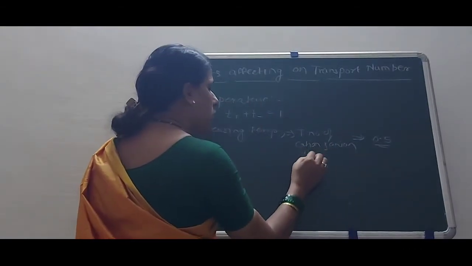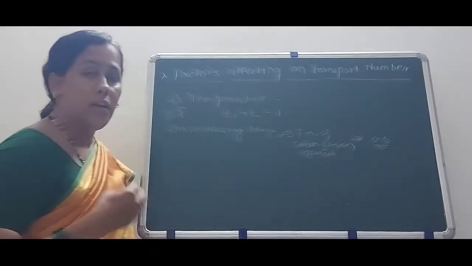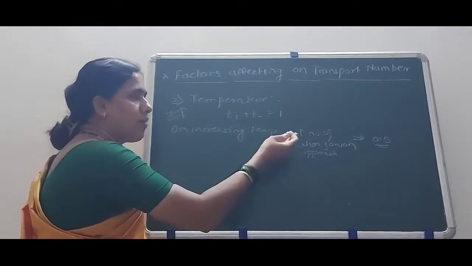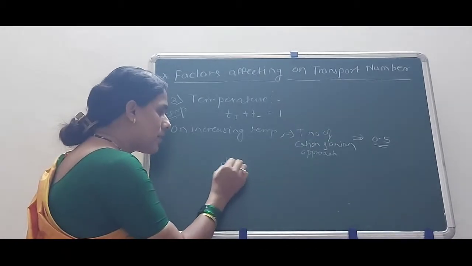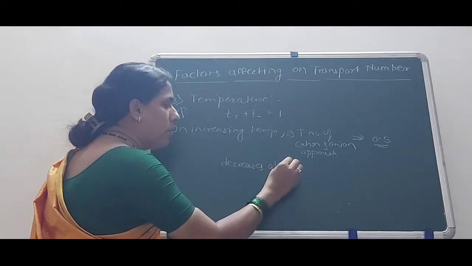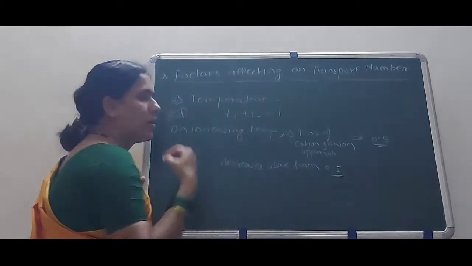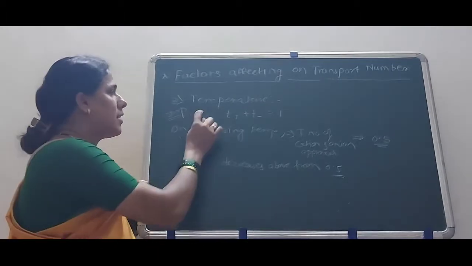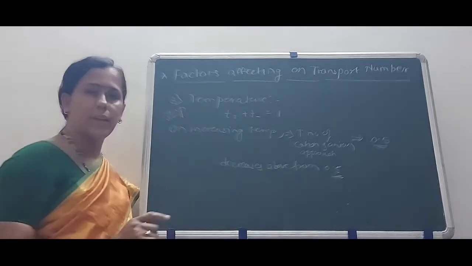Okay, approaching the value 0.5, and if the value exceeds 0.5, it decreases above 0.5. Okay, what happens here? That is, temperature has a marked effect on the value of the transport numbers of cations and anions.